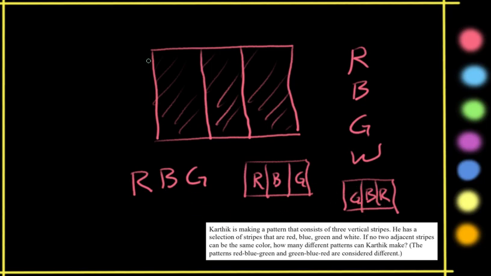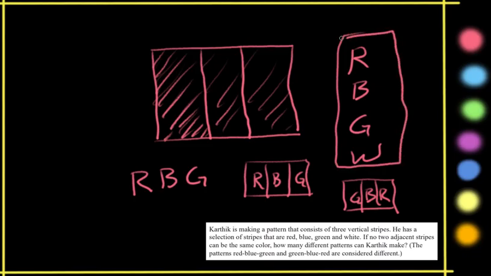Okay, so the way to think about this is it's a little bit like the outfit problem, or maybe a little bit like putting the hats on a shelf. So you can think about how many possibilities there are for each one of these stripes. So for this first leftmost stripe here, how many different possibilities are there? Well, there's 4 because he's got 4 different colors, red, blue, green, white. So let's say there's 4 possibilities there.